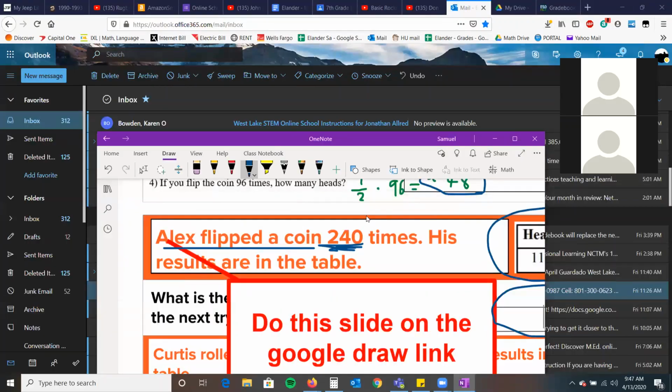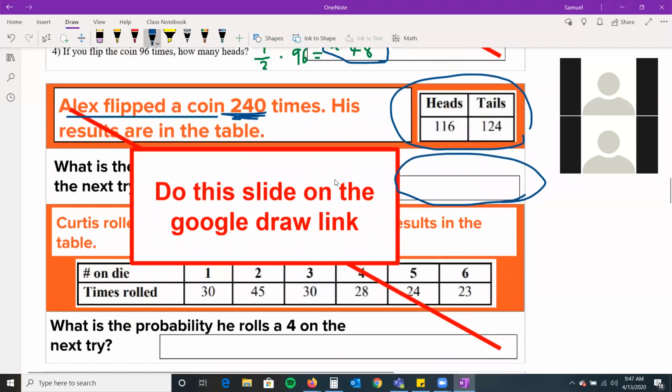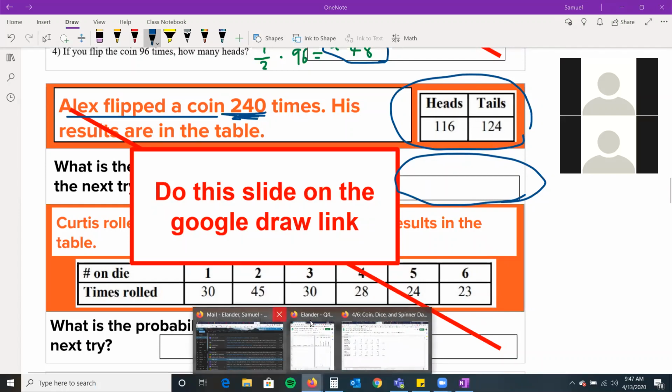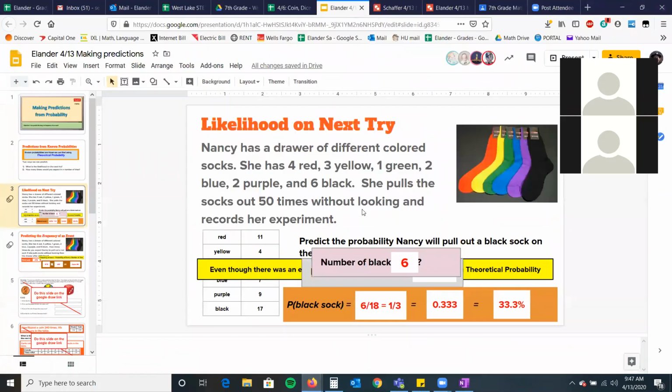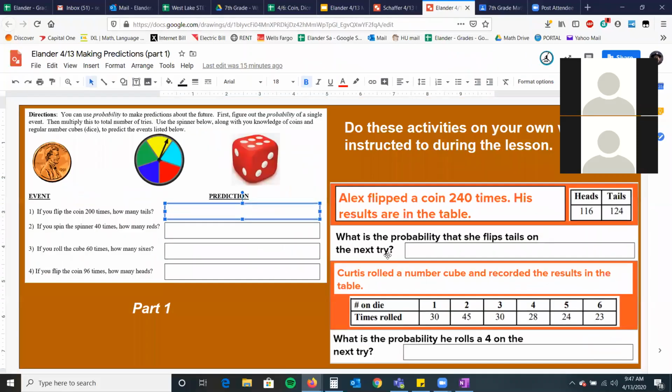So our goal again is to predict what's the probability of him flipping heads on the next go, right? Get the same file you guys are on. What's the probability that she flips tails on the next try?